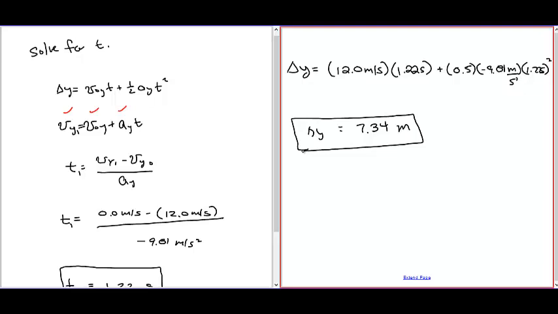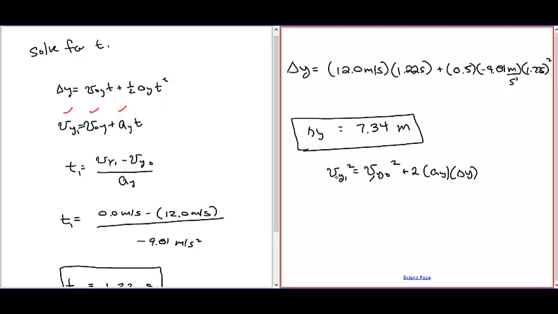Now, just to show that you get the same answer no matter which equation you use, we could use this one, which says v sub y1 squared is equal to v sub y0 squared plus 2 a sub y times delta y.